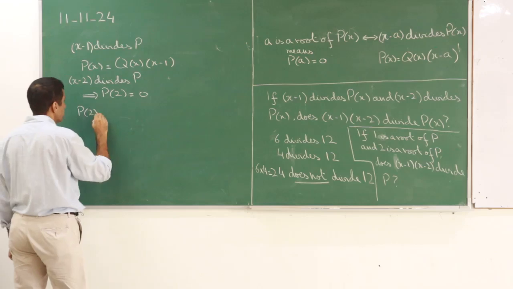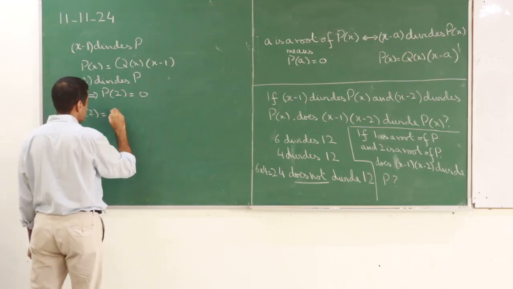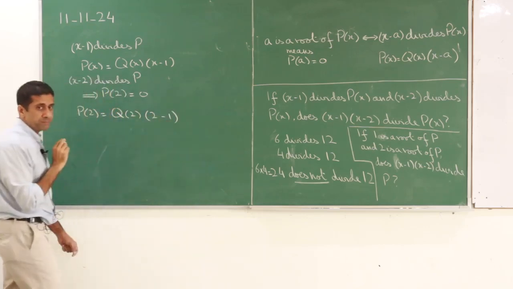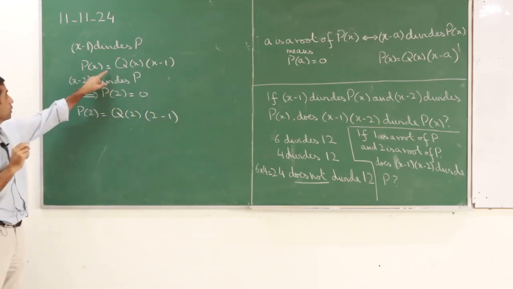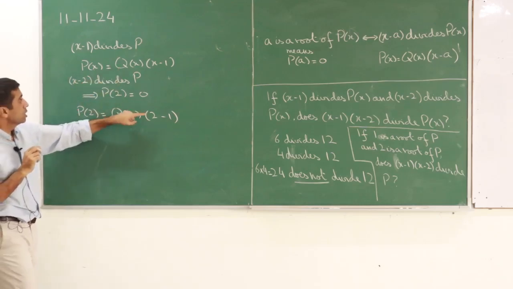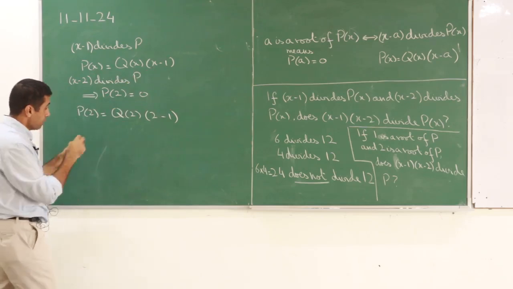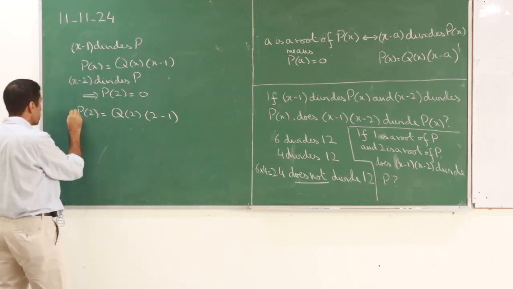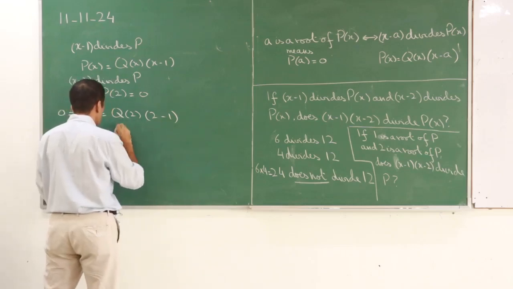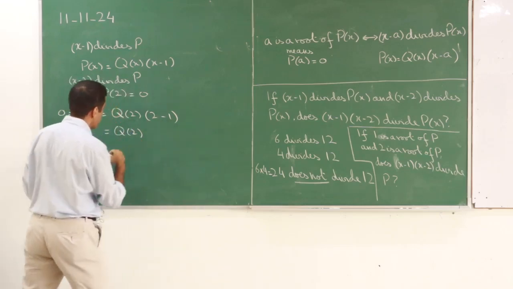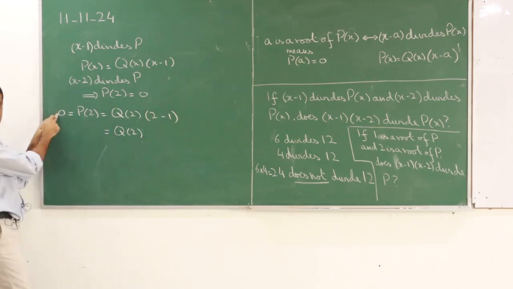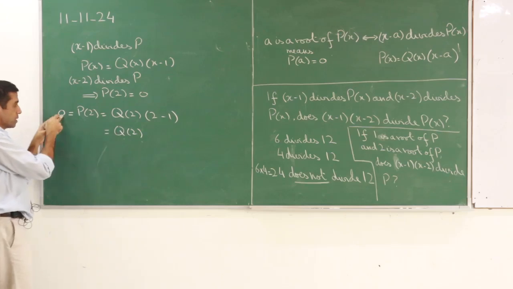I've substituted x equal to 2, so p of 2 is equal to q of 2 multiplied by 2 minus 1. I know this is equal to 0, but q of 2 times this is just equal to q of 2, since 2 minus 1 is just 1. So q of 2 is equal to 0.